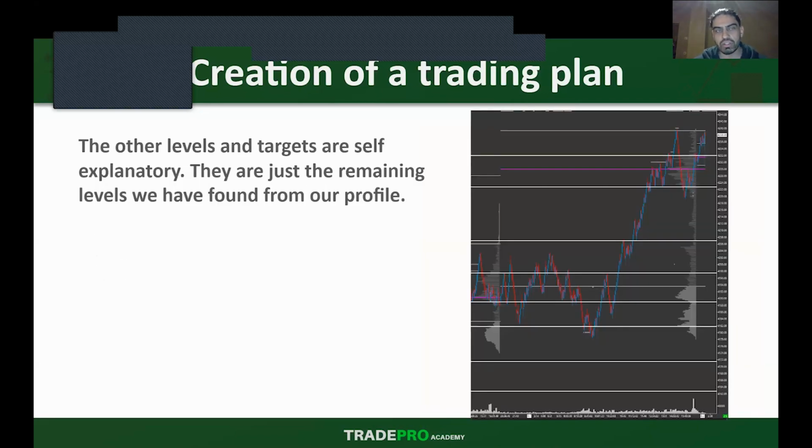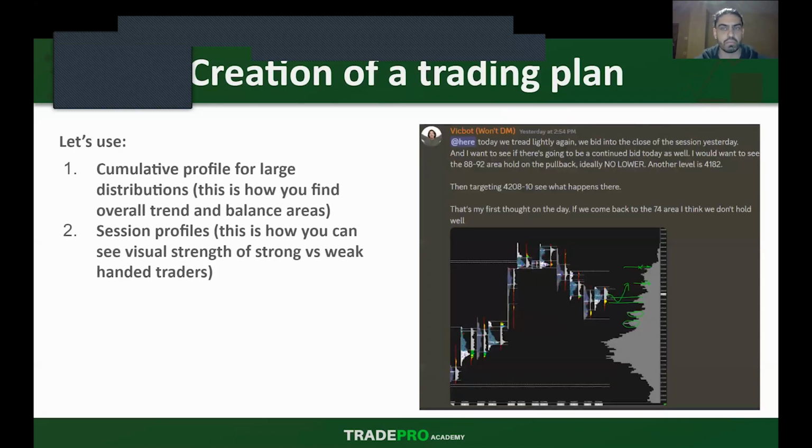The other levels and targets are self-explanatory. Honestly, they're just ledges and other areas that you can find around, just very basic ledges that can be a part of a distribution, that might not be a part of a distribution, right? Whatever the case is. In the prior slide, the pivot for me, you can choose pretty much any of these levels, right? I'm targeting the 4208.